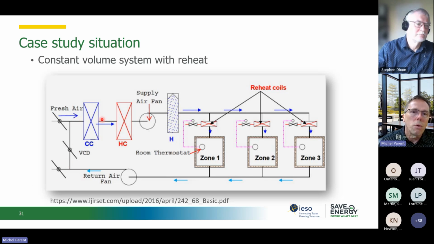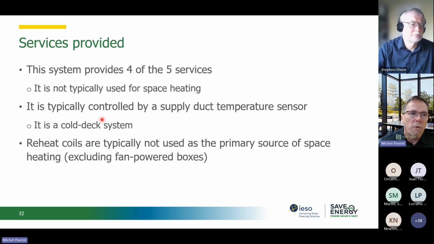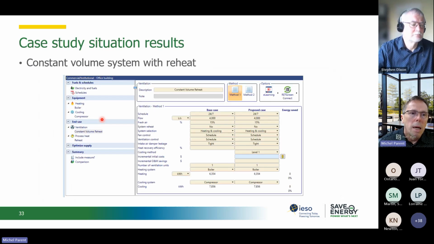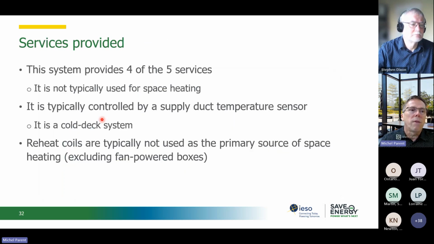So you will use that same method as we saw before, but you will have to define a different type of schedule for this system. A bit like we did for the makeup air unit, you will have to assign a specific schedule as soon as you get this cold deck multi-zone system.